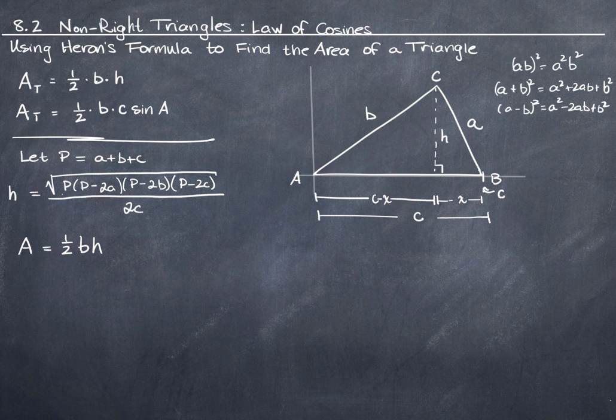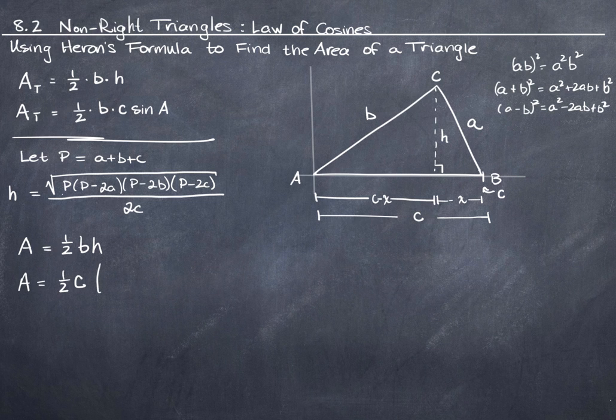I'm also going to make an observation here. The way I drew my triangle, my base is labeled C. So I'm also going to replace the B in my area formula with C because that's what my base is labeled with. I did this work here based on this triangle. My base is C. So let's rewrite this again as A equals 1/2 times the base of my triangle times height.